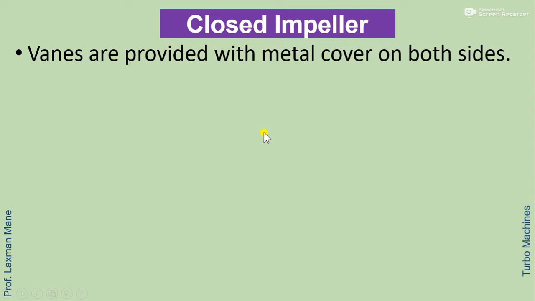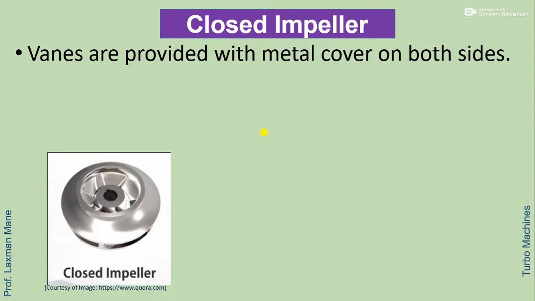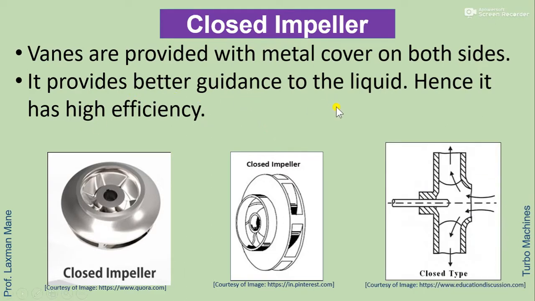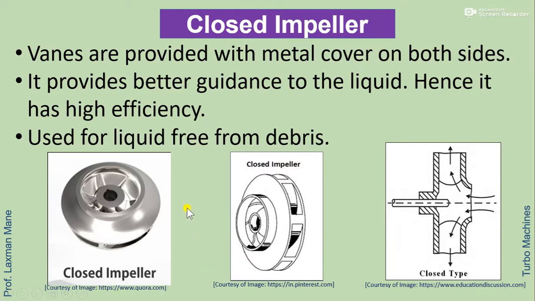Vanes are provided with metal cover on both sides. Hence, it provides better guidance to the liquid, and thus it has high efficiency. So here you can see a picture images of closed impeller. These are especially used for liquid free from debris.